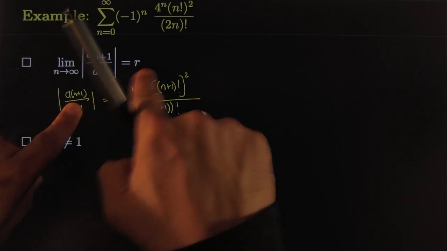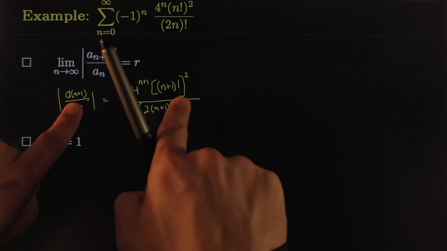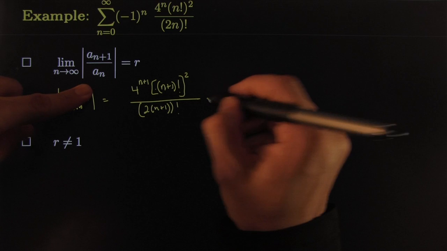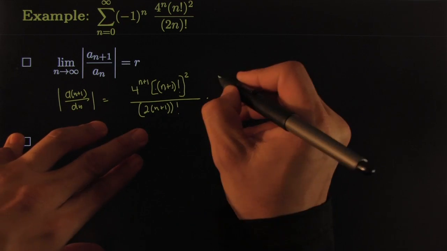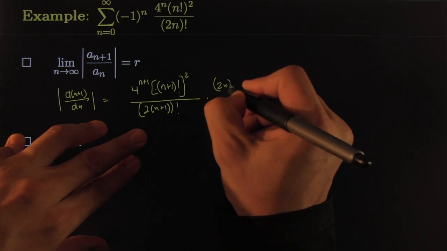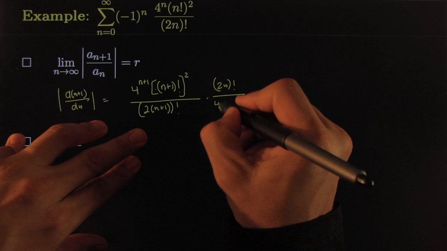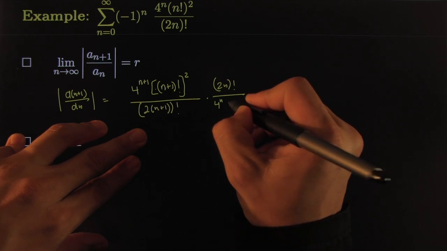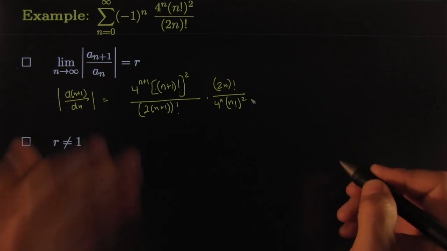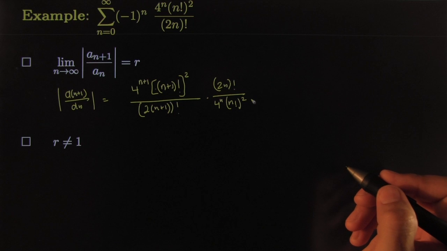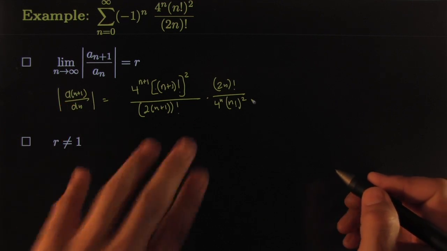That's just the top, where I plugged in n plus 1 wherever I see n. I have to divide that by the bottom, so I know I'm going to have to flip it, because I've done this a few times already today. So that's going to look like this: 4^n times (n factorial) squared. That's my ratio of consecutive terms.